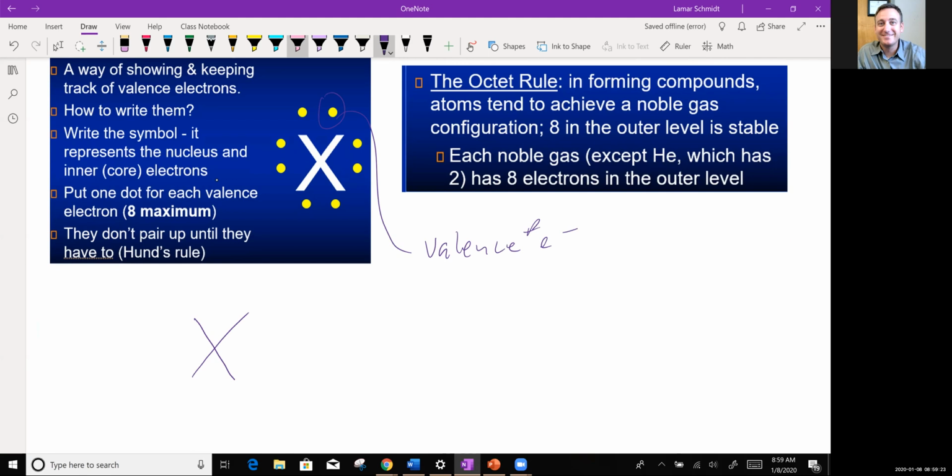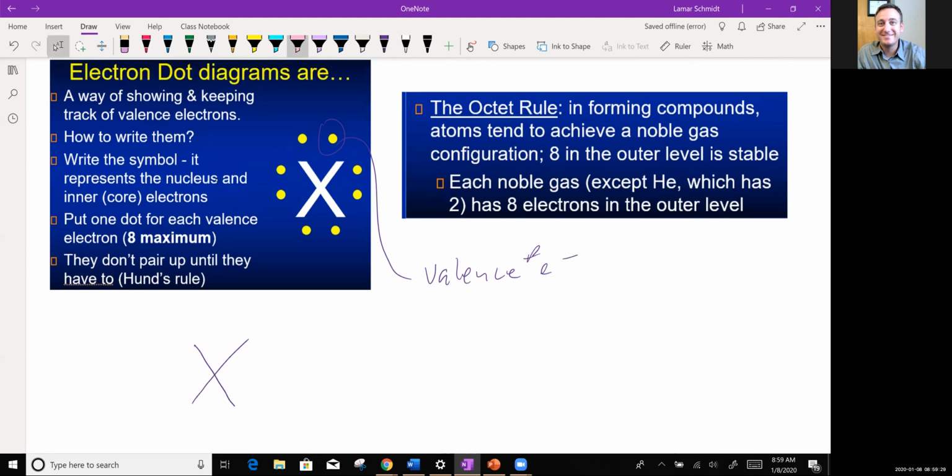They don't represent all the electrons. You should have no more than 8 electrons in your highest energy level. So the octet rule: in forming compounds, atoms tend to achieve a noble gas configuration, or they have 8 in their outer level, and they consider that to be stable.